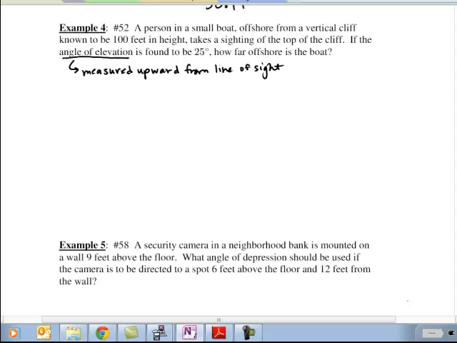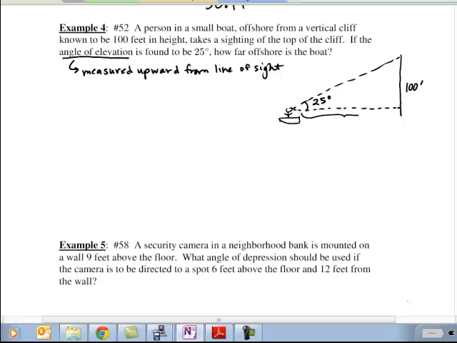If we make a little sketch here, we've got this vertical cliff that's 100 feet. And this person is in a little boat. We measure from the line of sight upward, and we get 25 degrees for that angle.